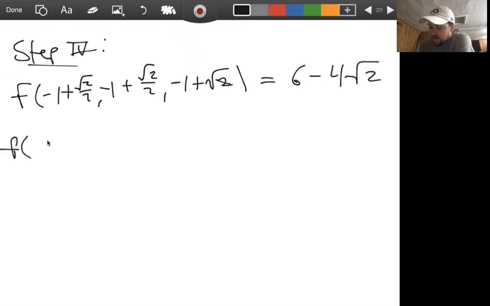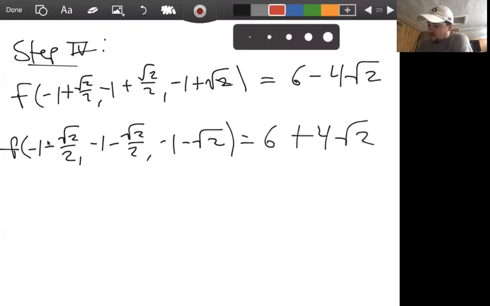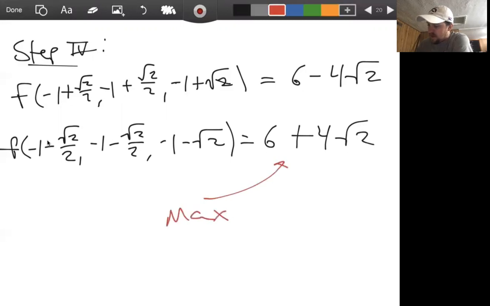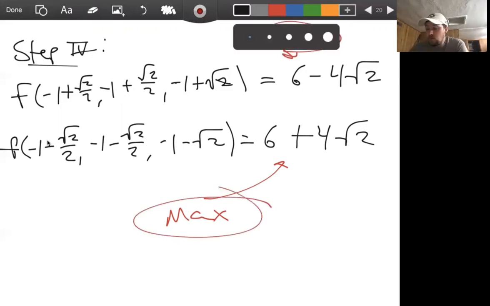And then you plug in the other possibility, which is -1 minus √2/2, -1 minus √2/2, -1 minus √2, and you get 6 plus 4√2. And so you compare values, you see this is the max, and this is the min. And so here's an example of solving critical points of a function with 2 given constraints.